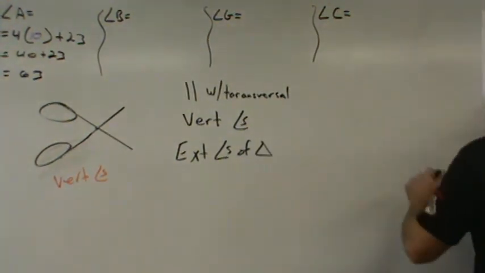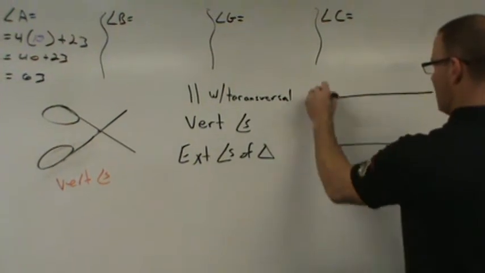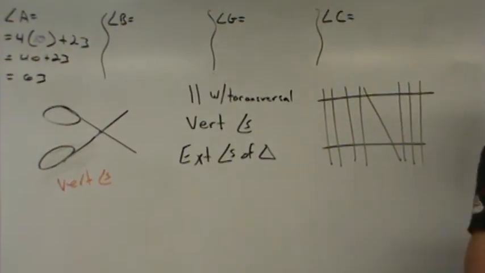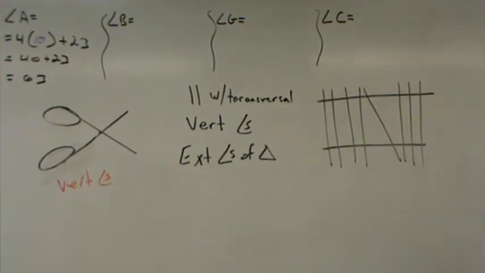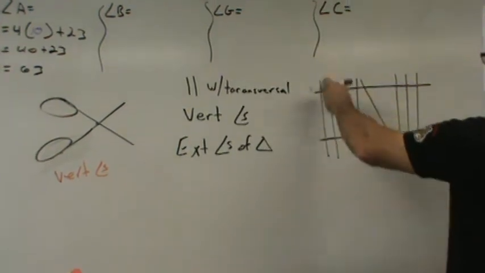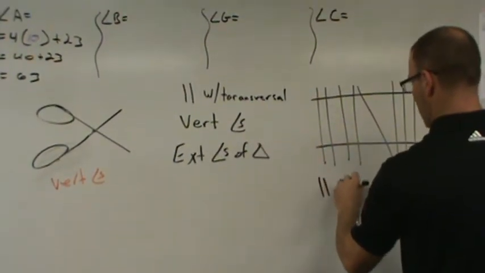Now, what about 9? Because I helped everybody else out with 9. All right, might as well help you guys out. Here's my picket fence. What do you see? Do you see parallel lines with the transversal? I see parallel lines, and I see a bunch of transversals. So yes, I'm going to write parallel with transversal.